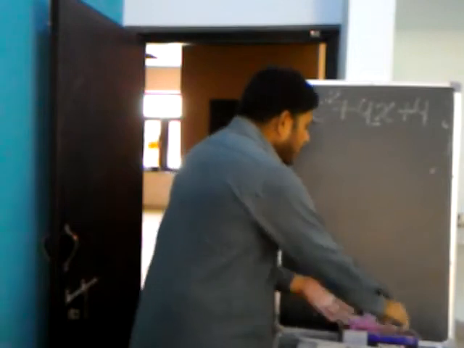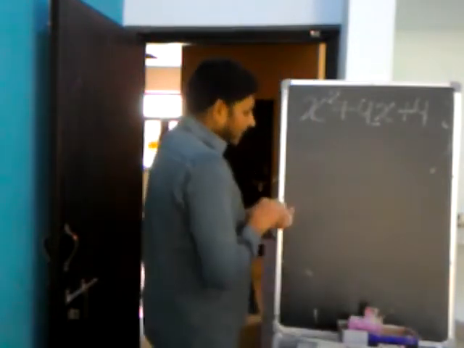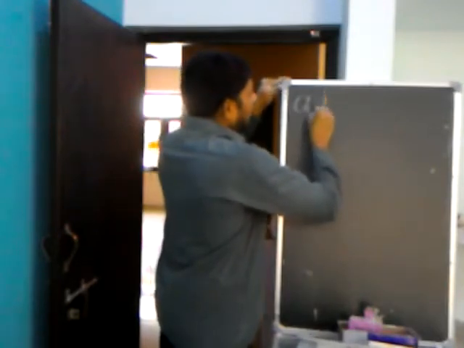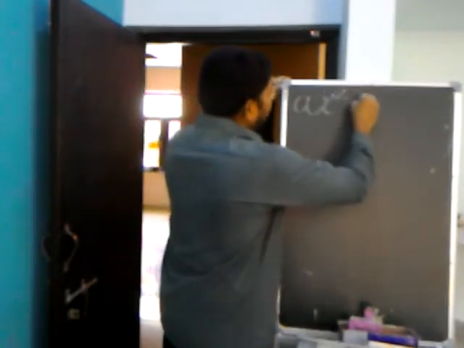Now what will we do? We shall again write down the general form of the polynomial, ax square plus bx plus c.